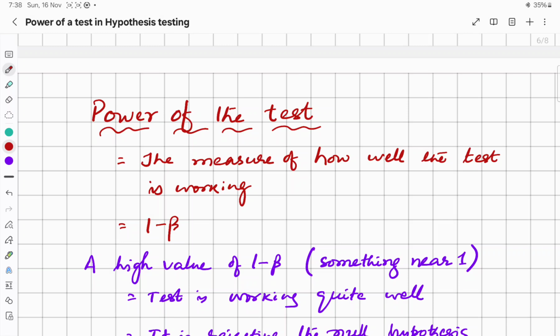So the measure of how well the test is working is called the power of the test, and it is equal to 1 minus beta. And what is beta? Beta is the probability of type 2 error, or false negative error.